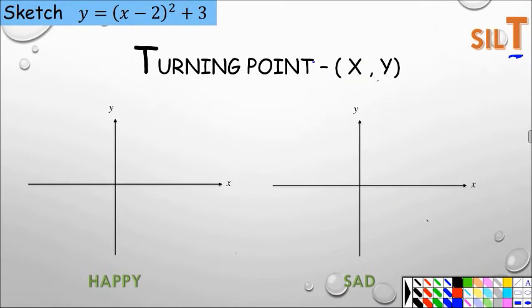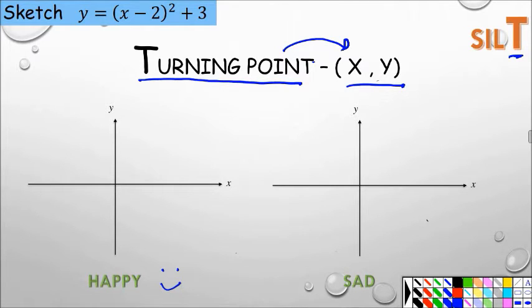T means turning point. A point means (x, y), and it must lie on a curve. Let us look at a happy curve, which is a U shape. We see that if I have a point here, and this point is going down all the time until it reached this point, and it turned and it went up.